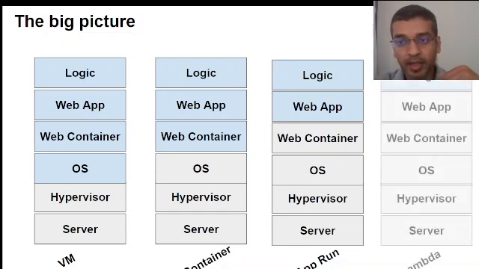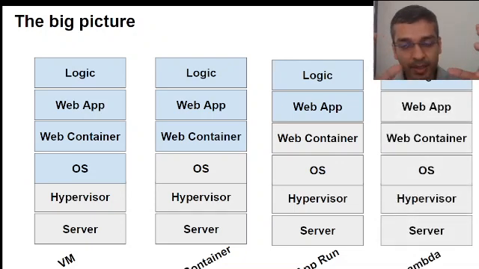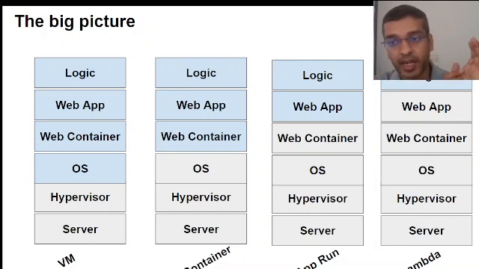You can go even higher up, where you just embed your business logic, code it up, wrap it in a Lambda function, and deploy that Lambda function. You don't even have to build any kind of routing. All you do is say this Lambda function will listen to this event and take an action. So you don't even have to do the wrapper there. Another thing that is very unique about a Lambda function is that this logic is running standalone.